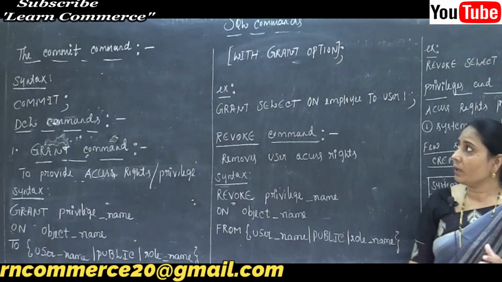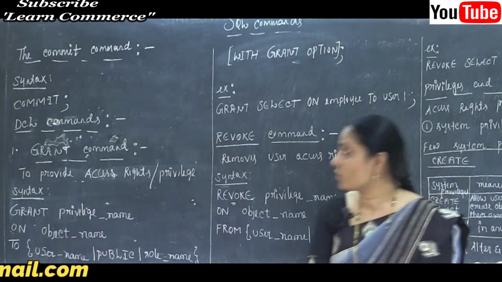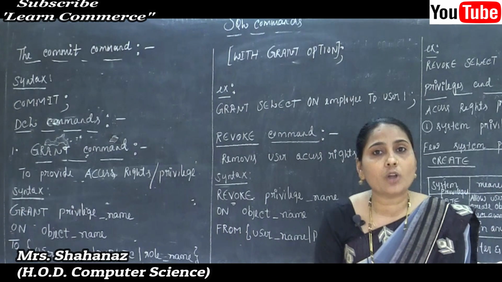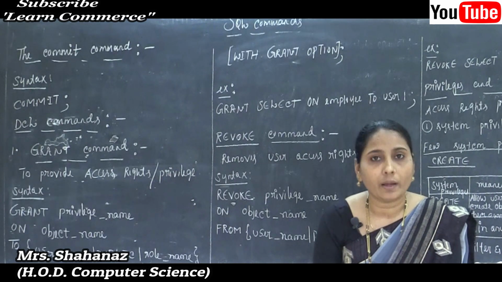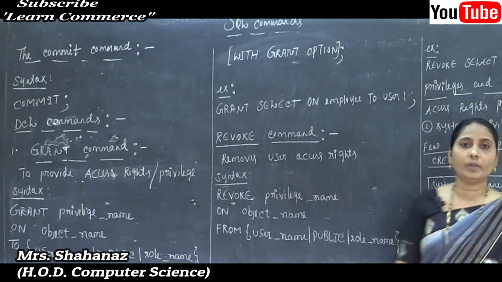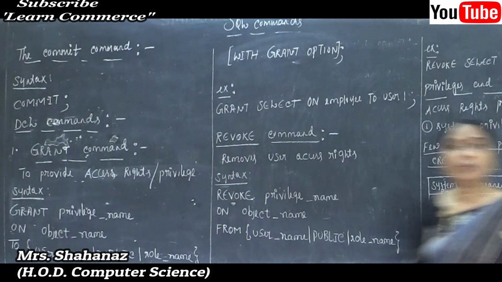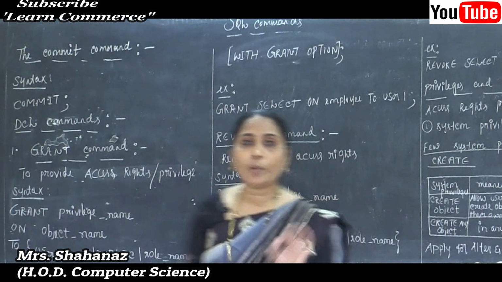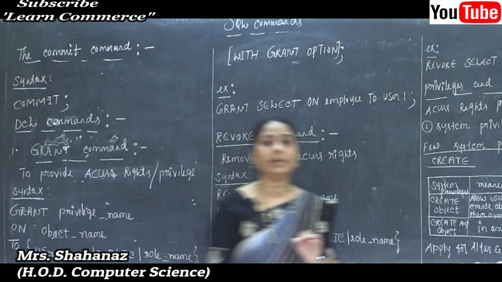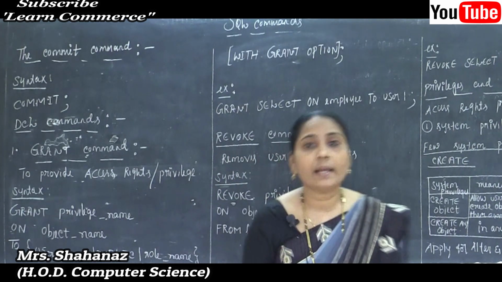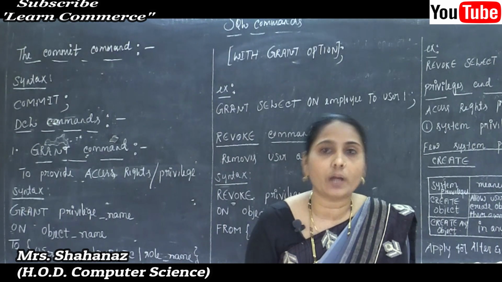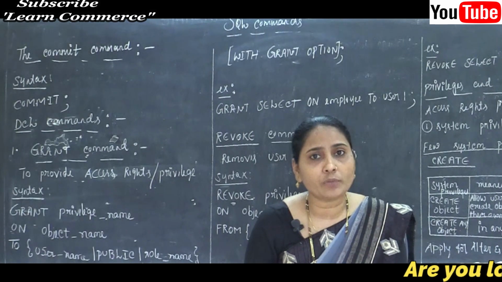After the commit command, the next most important command is the DCL command. The full form of DCL is data control language, and we know there are two important commands in DCL: the grant command and the revoke command. Now what is the use of the grant command?